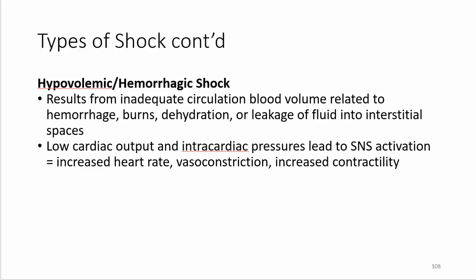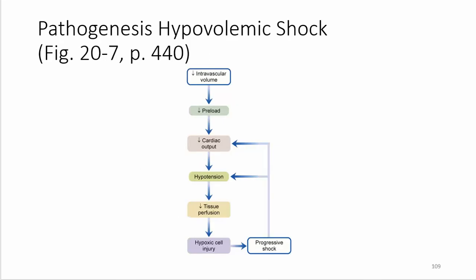which will then be compensated for by the sympathetic nervous system. But there's just a logic to this, and it makes perfect sense, right? That you lose volume, which decreases preload, which decreases cardiac output because stroke volume goes down, which then means blood pressure goes down.